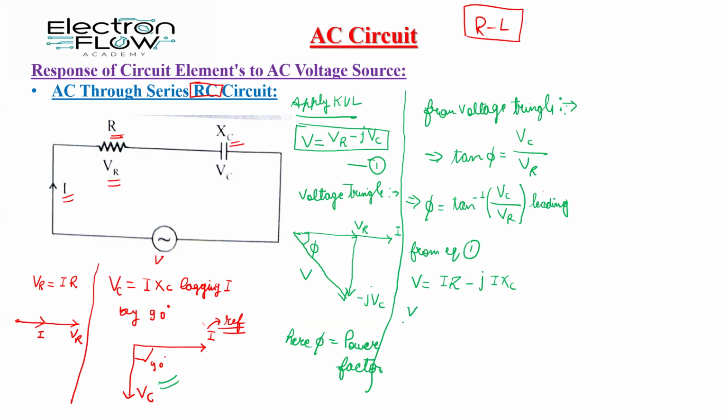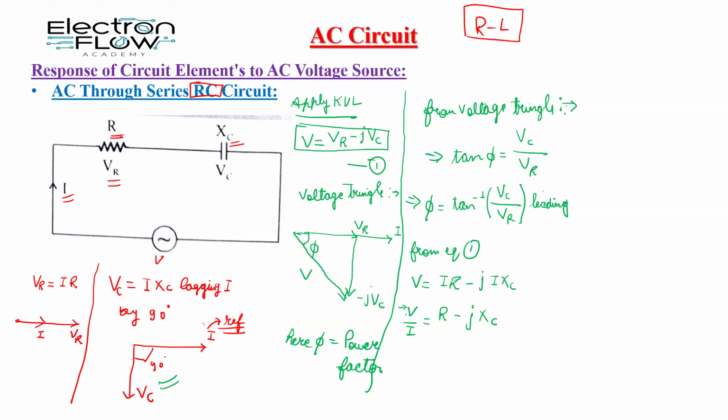By taking the current common, I get V divided by I is equal to R minus j XC.